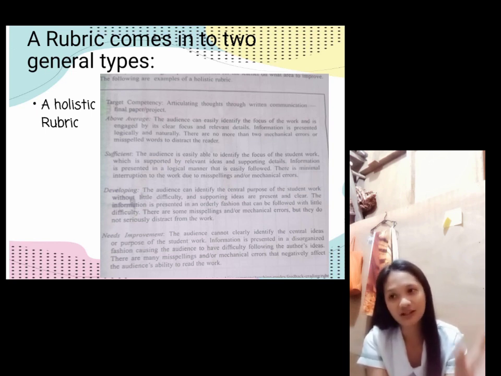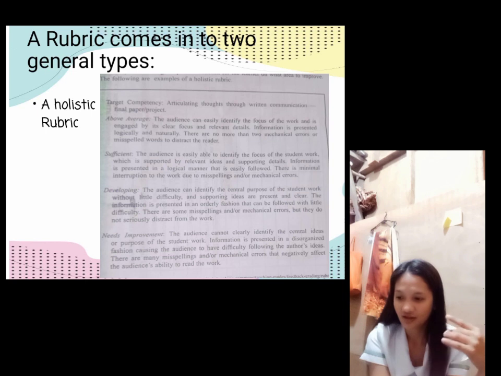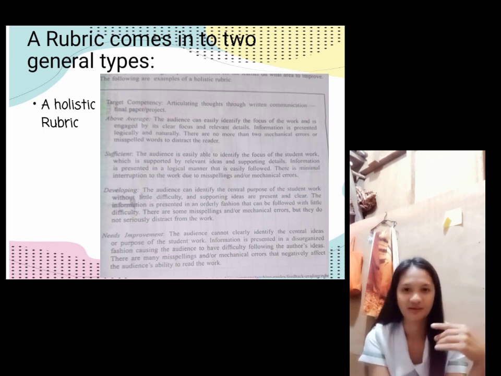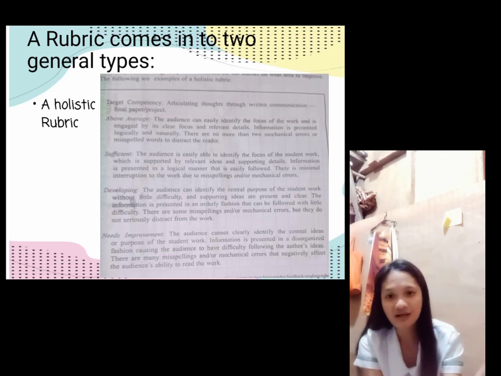So ang holistic rubric is it talks about the audience. About with the audience or giunsa man ni pag written about sa audience, how they identify the purpose sa audience. So the audience ba is easily identified or able to focus, or the audience ba can easily identify, or the audience ba cannot be clearly identified.